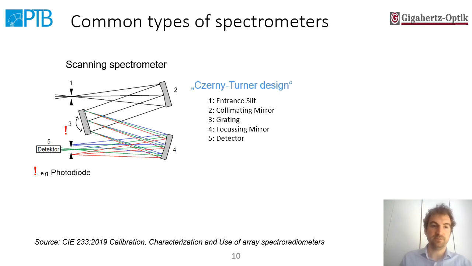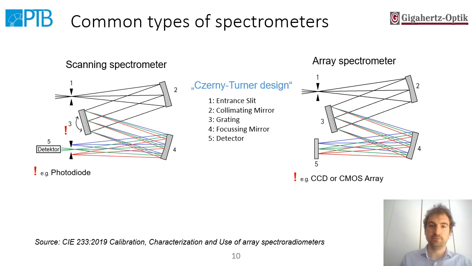By turning the angle of the grating, you can select the wavelength which is detected. In comparison, an array spectrometer uses an array detector, which could be a CCD or CMOS array, and due to this, you can measure multiple wavelengths simultaneously, so no rotation of the grating is needed.